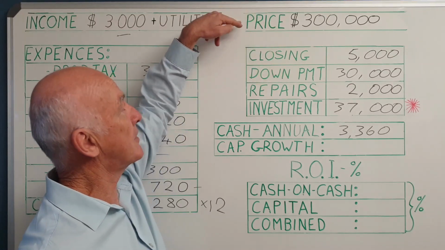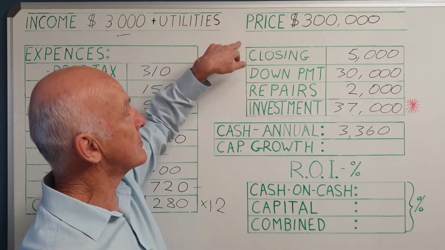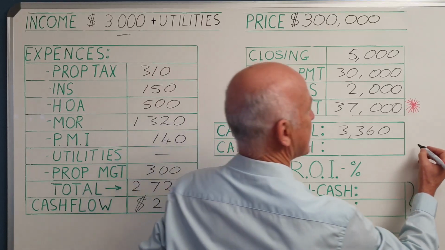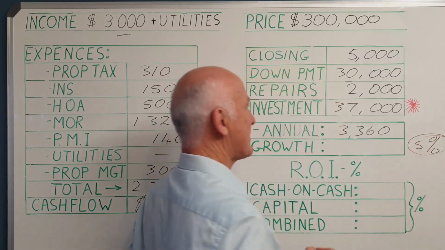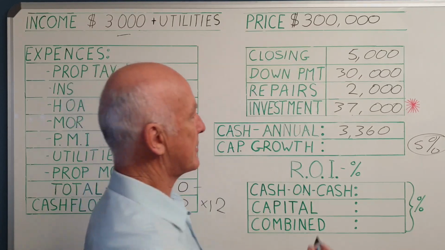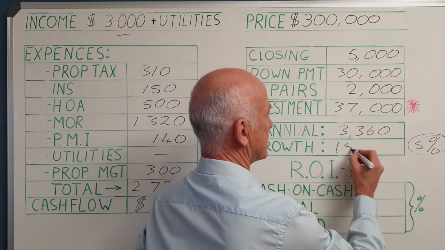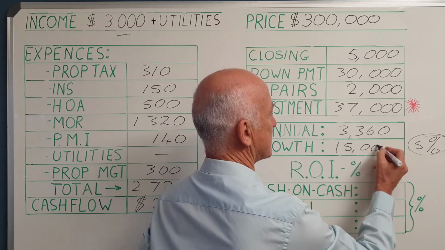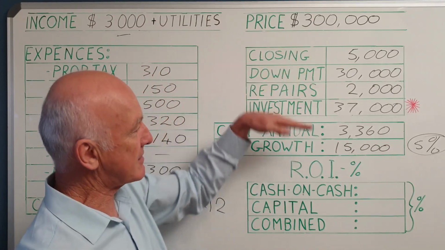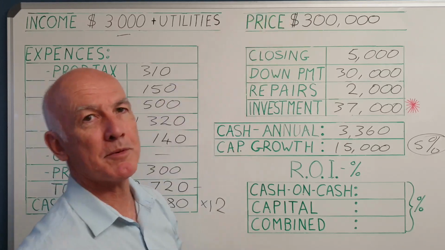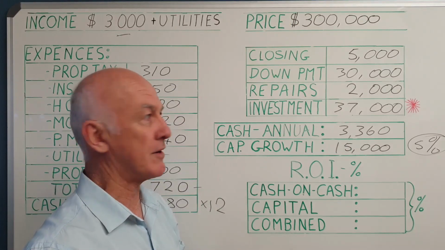So let's assume I bought this at the right value. After 1 year, this has grown by, let's say, 5%. 5% of 300,000 is 15,000. So your capital growth in a year is going to be 15,000. What that's saying to me is that in a year's time, this property will be worth $315,000.